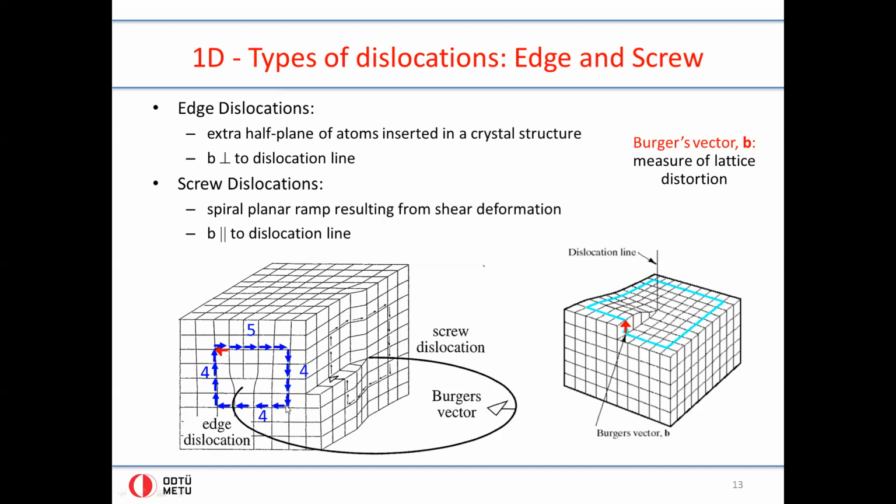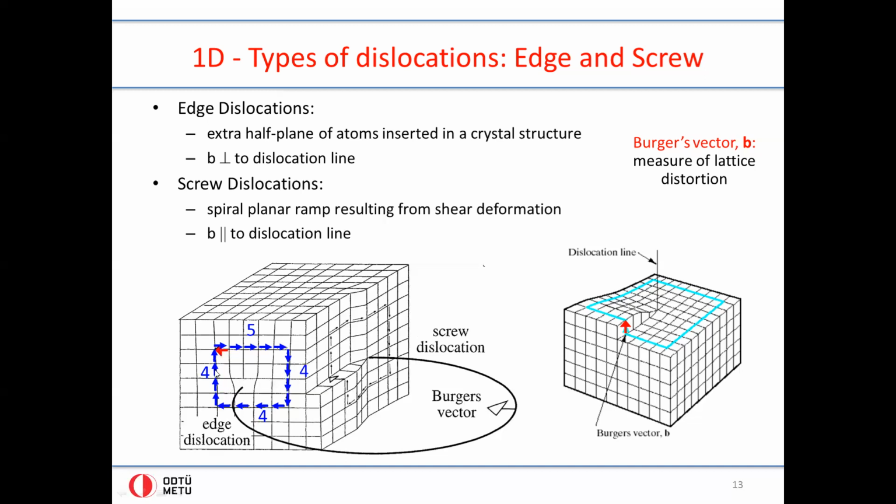So you count the number of jumps from atom to atom around the dislocation area, and you see that there are 4 jumps here, 4 jumps here, 4 jumps here, but there are 5 jumps, an extra jump needed, indicating that there is an extra line or extra plane of atoms here.